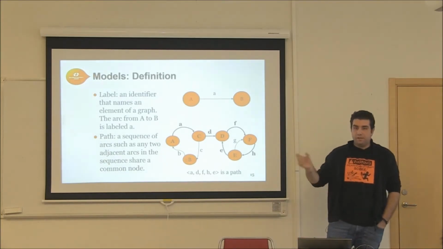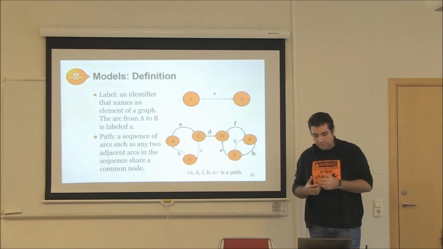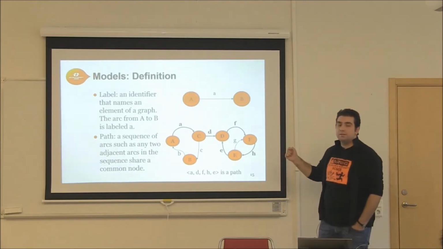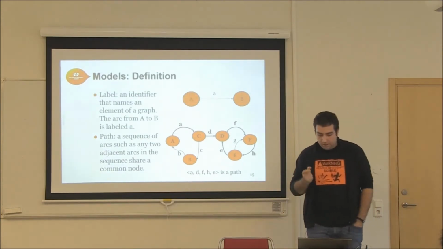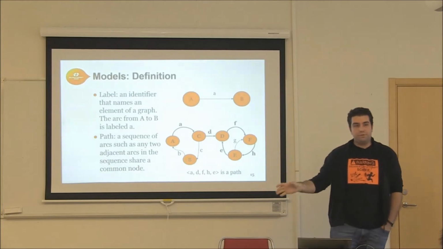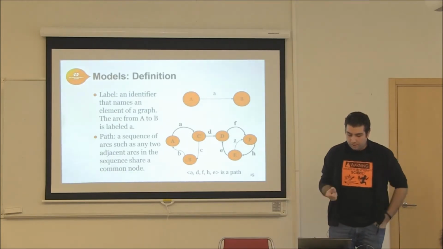And you can actually have labels on these models, so you can put an identifier that names the elements of the graph. So the edge from A to B, in this case, is labeled with A. Another important definition, before going into useful models for software, is a path.